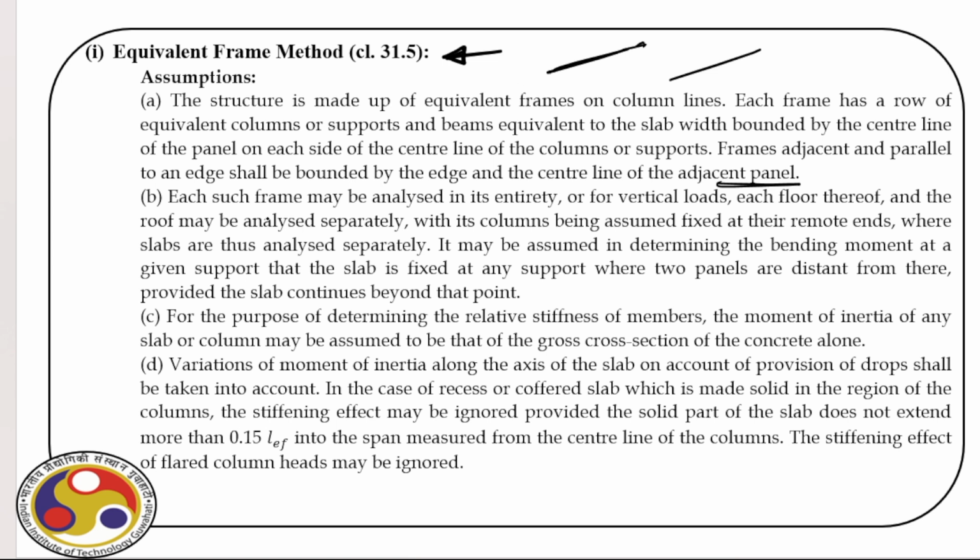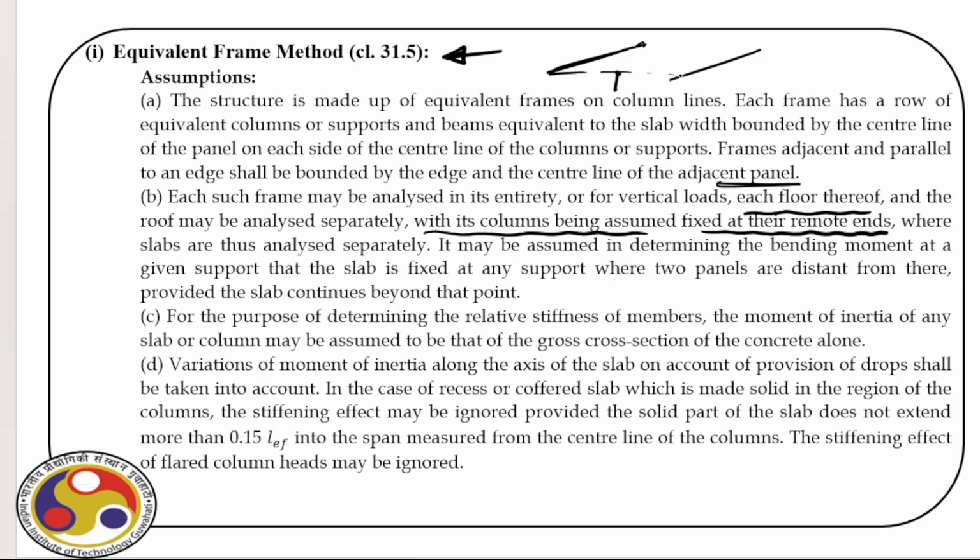And together they behave like a frame. So each such frame may be analyzed in its entirety, or for vertical loads, each floor thereof and the roof may be analyzed separately, with its columns being assumed fixed at their remote ends. So this is the column.